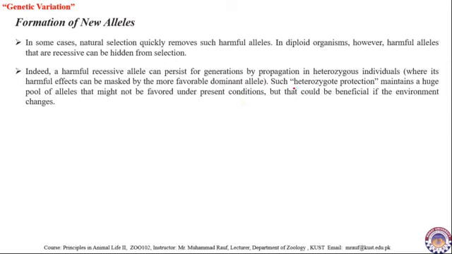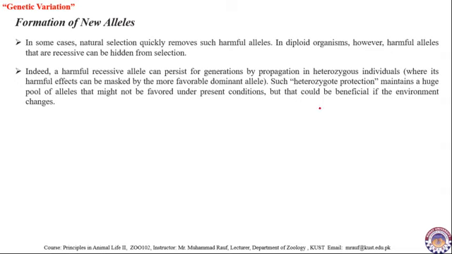So such heterozygote protection maintains a huge pool of alleles that might not be favored under present conditions, but that could be beneficial if the environment changes. They are talking about the alleles for which the individual is a carrier.